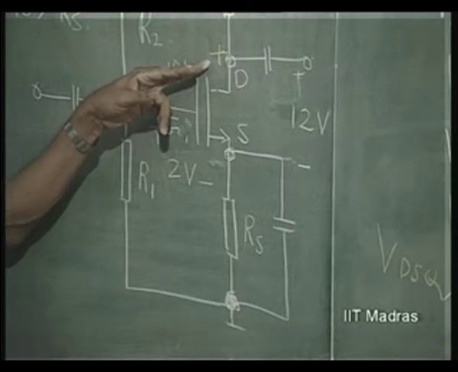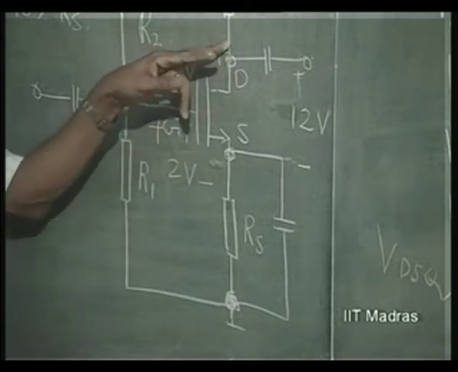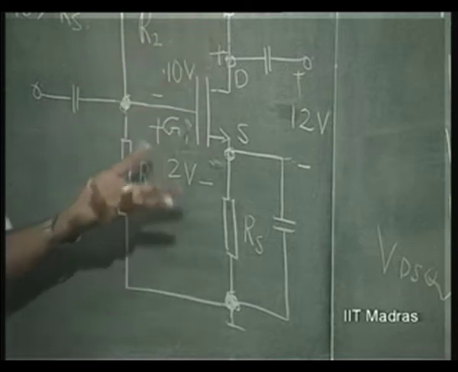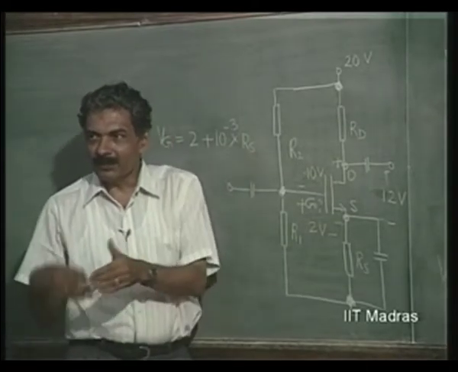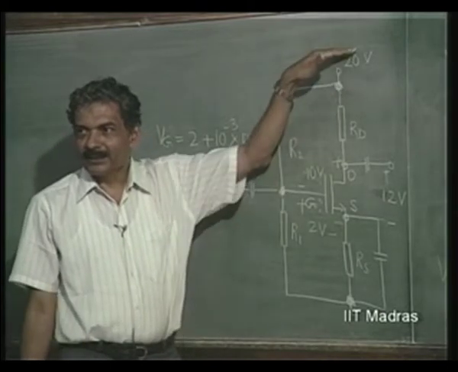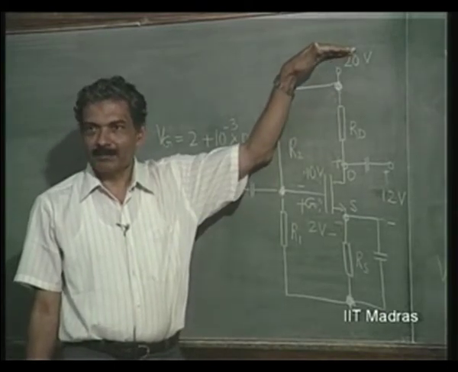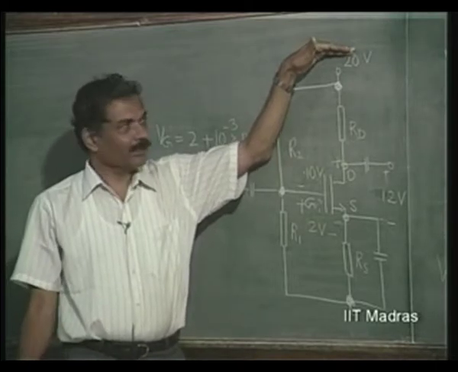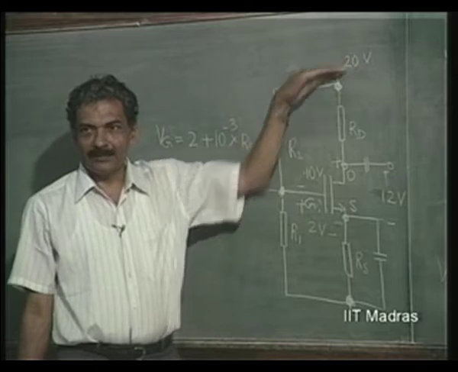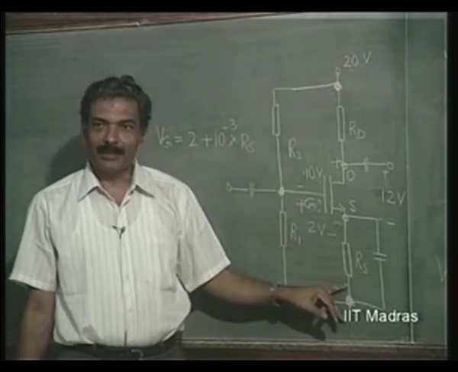So you have 32 volts. And then RD whatever you want, so that RD into 1 milliampere will be the supply voltage here. So I can select that supply voltage. Here the supply voltage is restricted, therefore you cannot make this operating point very stable.